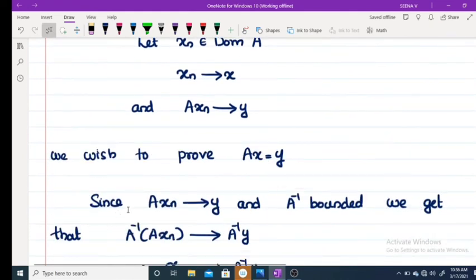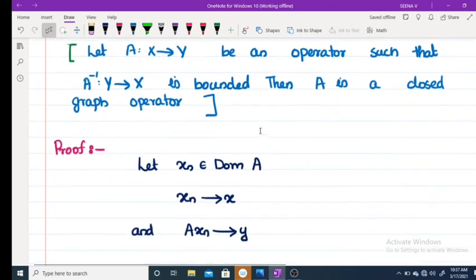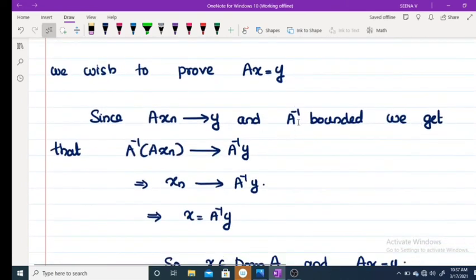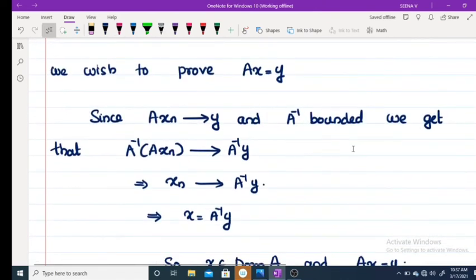Suppose A inverse is bounded. Then Axn converges to y implies A inverse Axn converges to A inverse y. That means xn converges to A inverse y.